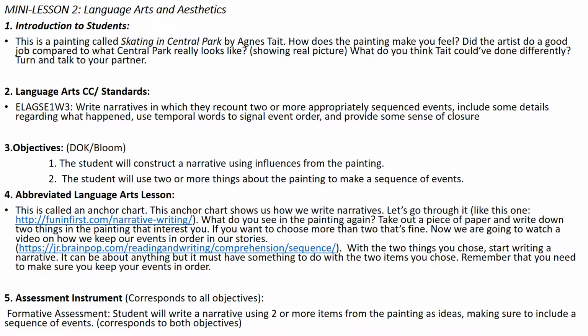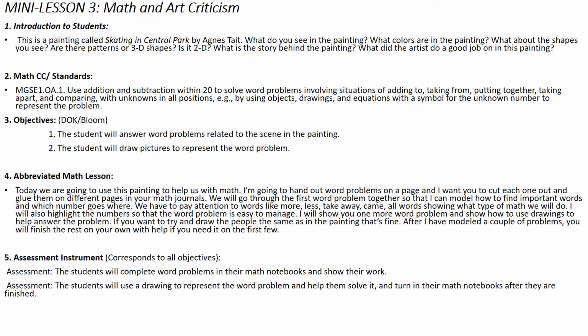So let's say they chose a lady in a red coat and a dog. Then they could write a story on a lady in a red coat and a dog. It doesn't have to be what's going on in the painting. And then they just had to make sure that there was a sequence of events, so they used each of those two things separately in different parts of their story.